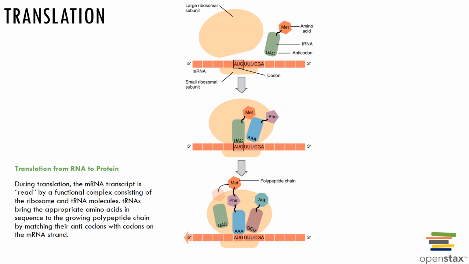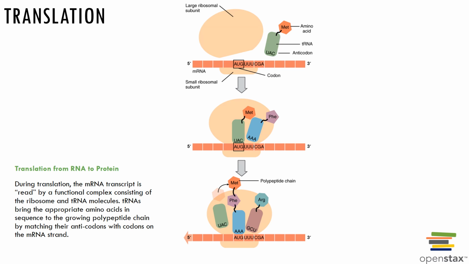Messenger RNA attaches to a small ribosomal subunit that moves along the messenger RNA to the start codon. The large ribosomal unit attaches, forming now what we know as a functional ribosome.